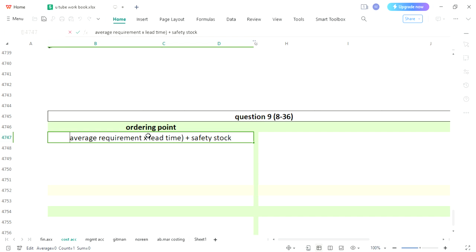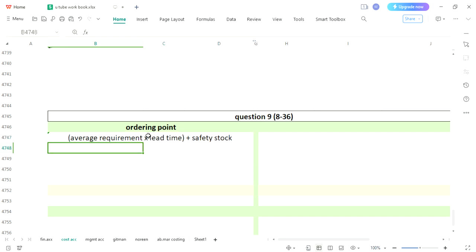And I have already written the traditional or the original formula of ordering point, where you just multiply maximum requirement with lead time. But in case safety stock is present, you will alter this formula. Instead of maximum requirement, you will use average requirement, and then you will add safety stock as well. So let's go back to the question and solve it.